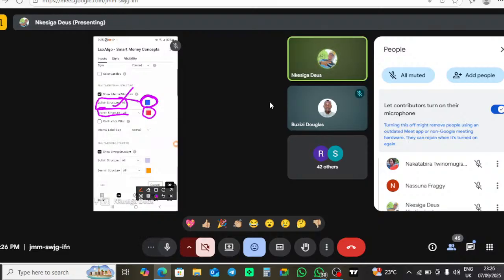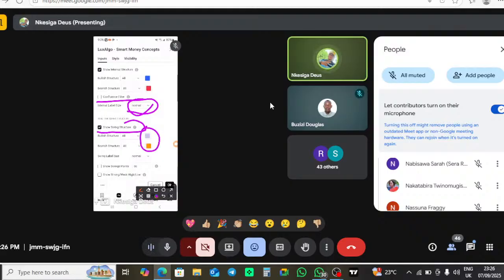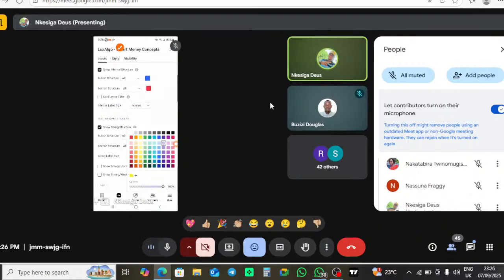So we need to tick here on swing internal structure. Then we scroll down, we come here on internal label size, we choose normal. Here on swing structure, show swing structure, we put a tick. And we are coming on the colors again. The colors, I have gray and orange. When you open them, you will see the opacity down here, it is 100%.